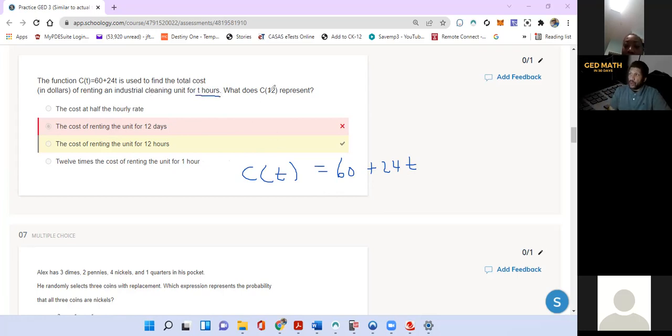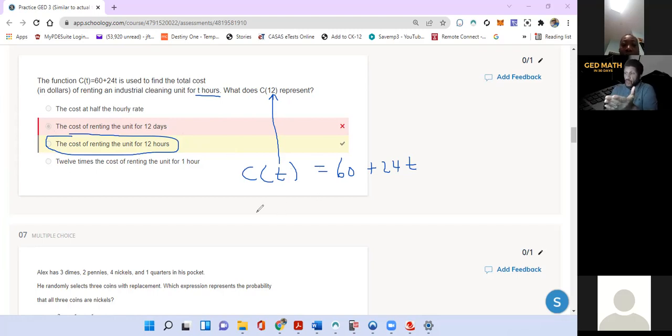So C(12). Remember the function is C(t), so t means what? 12. The time being used here will be 12 hours. So C(12) means the cost of renting the unit for 12 hours, and that's all that means.